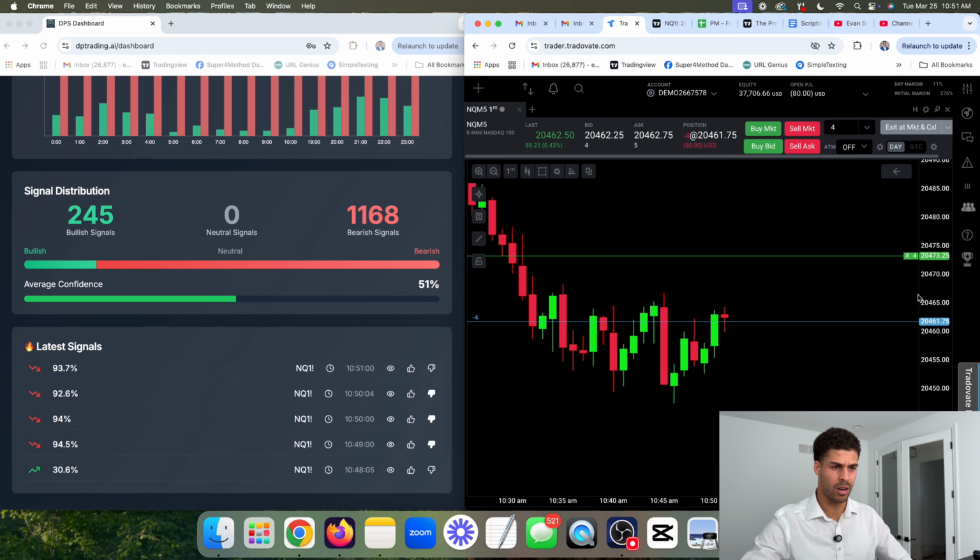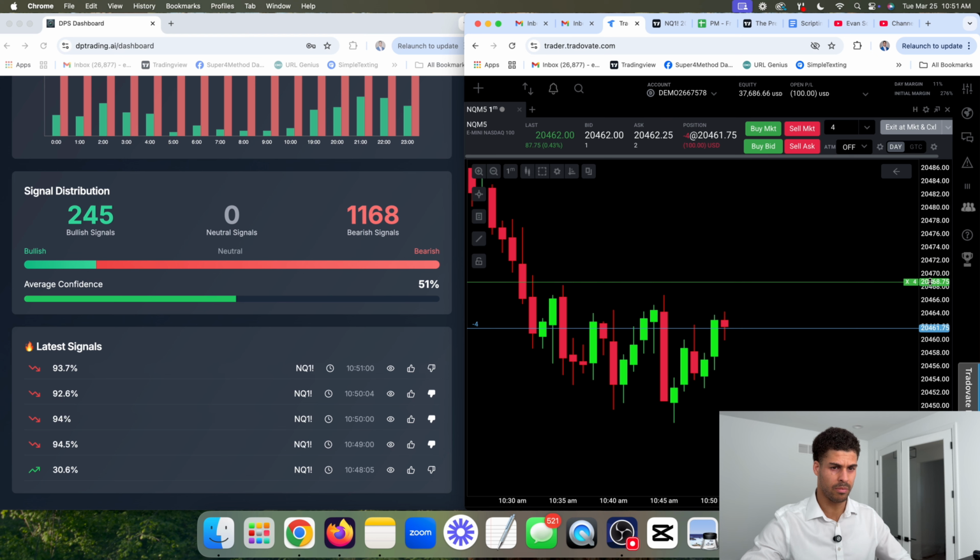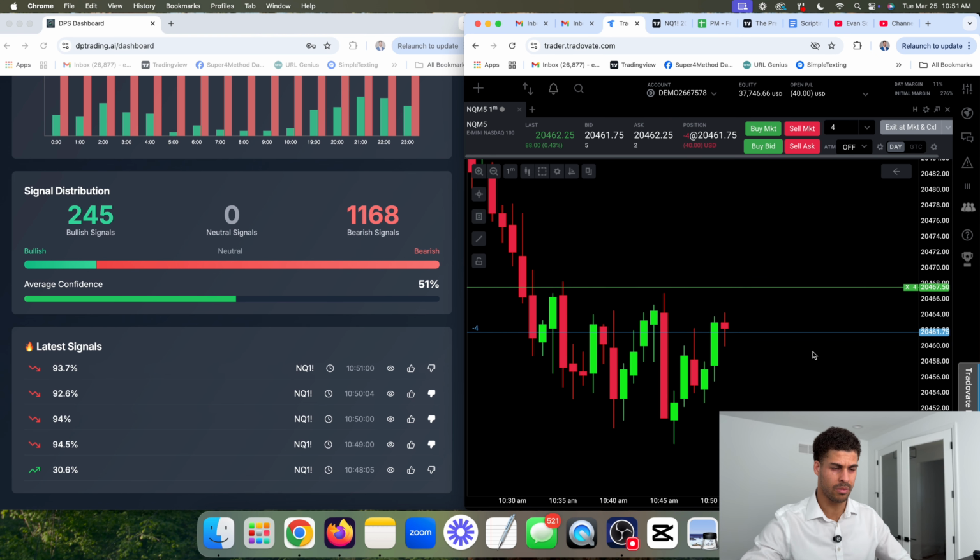Still not getting any longs, although these past two, this price action does look much more bullish than bearish. So I'm a little nervous about that. We'll just continue to see.